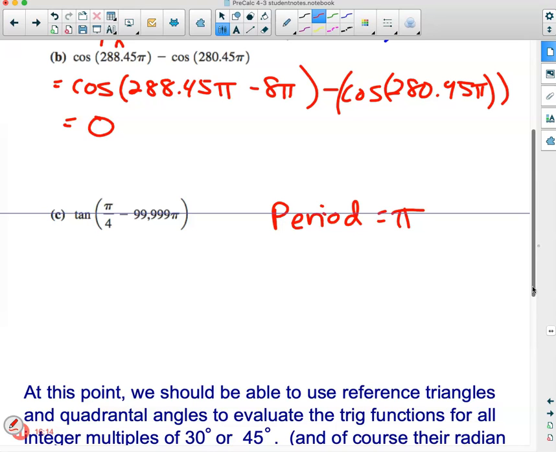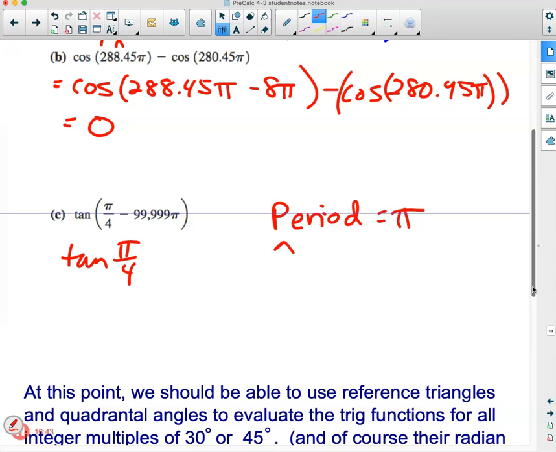Because this one says we're supposed to figure out the tangent of pi over 4 minus 99,999 pi. Does it matter how many pi's are back there? Doesn't matter at all. The y is going to land in the exact same spot. So they may give us this big fancy 99,999 pi, but they are really just asking us for the tangent of pi over 4. That's what they're asking us.